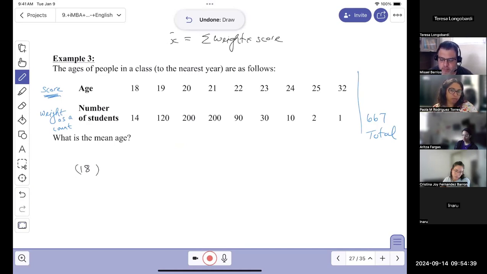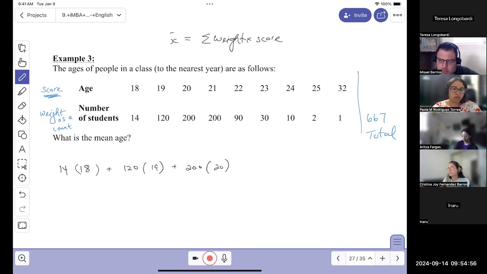I'm going to put the brackets on here. So 14, and then that's the weight, 120 times the score plus 200 times the score plus, so all the way like that.